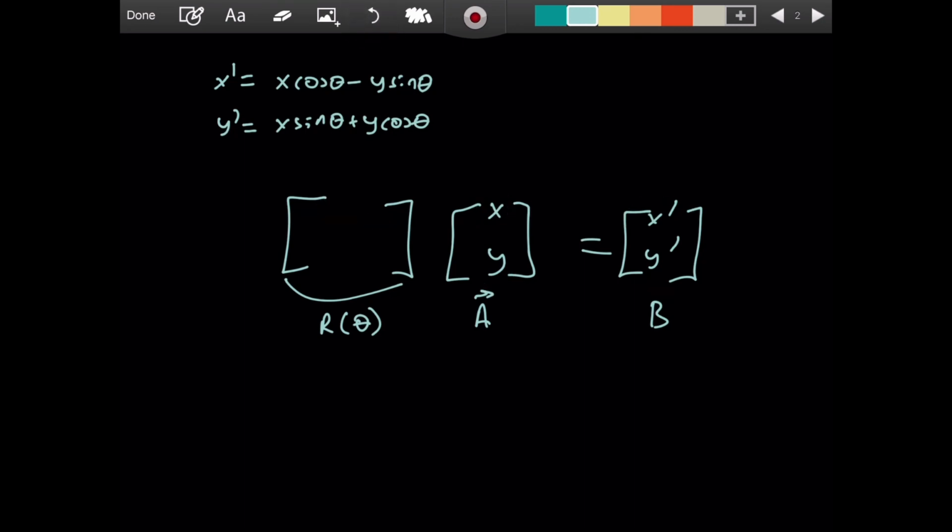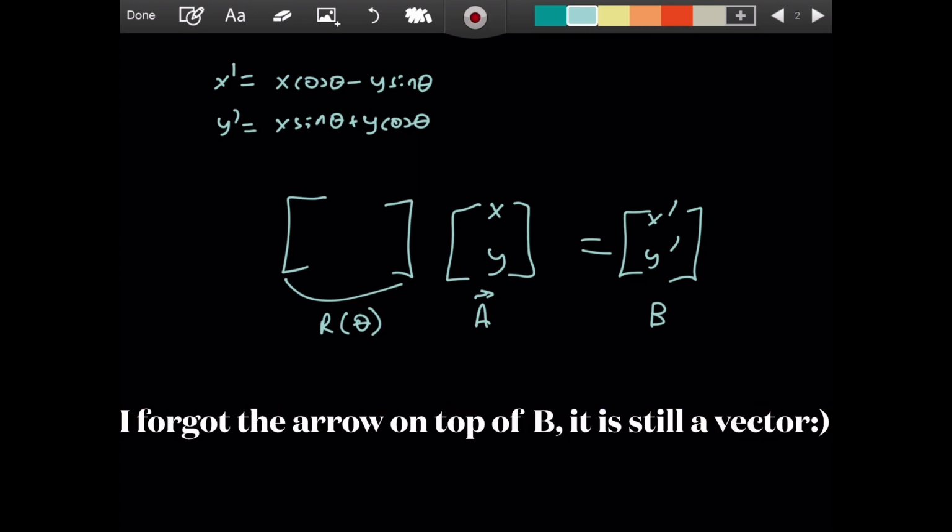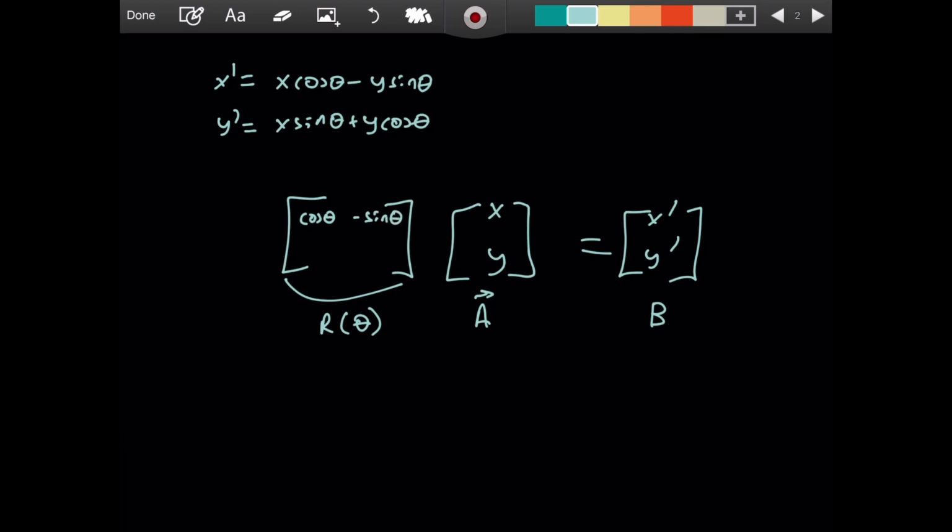So basically we want to have cosine of theta here and minus sine of theta here. Because if we have this, we are going to multiply x with cosine of theta, then a plus, we're going to multiply y with negative sine of theta, and that's it. And that gives you this, which equals this.